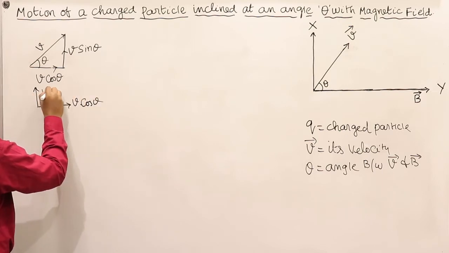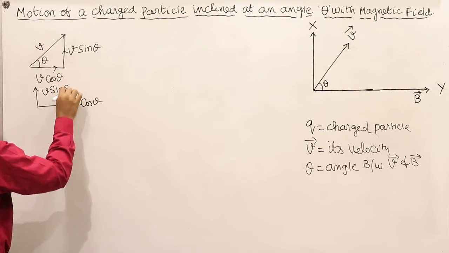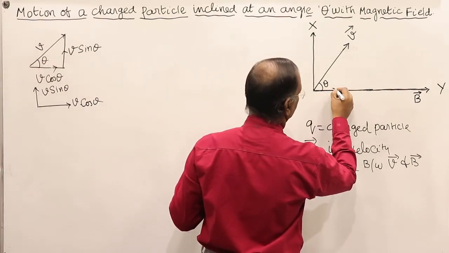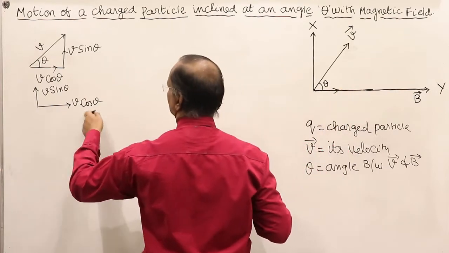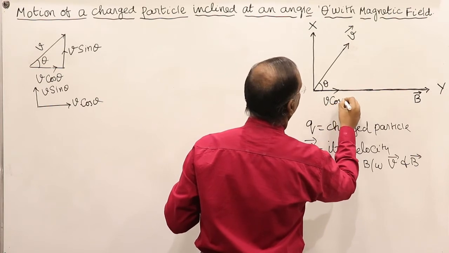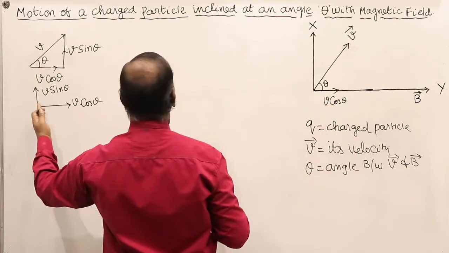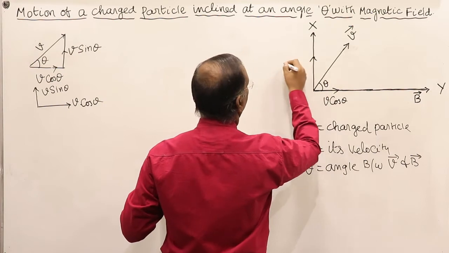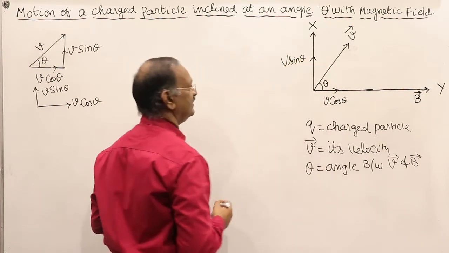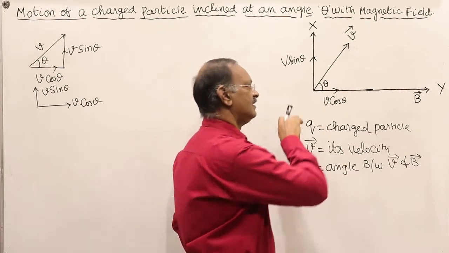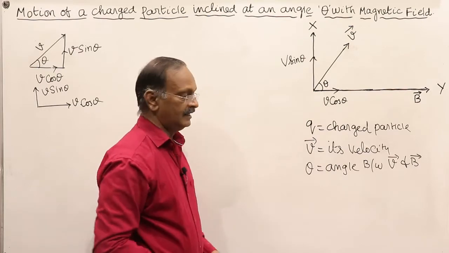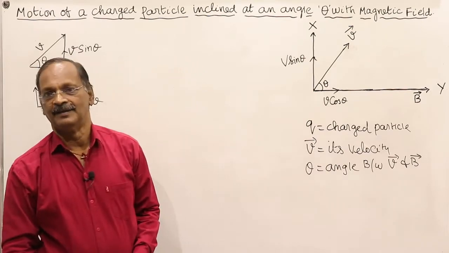So the velocity is converted into two components: one is v cos theta along the direction of the magnetic field, and another is perpendicular, v sin theta.